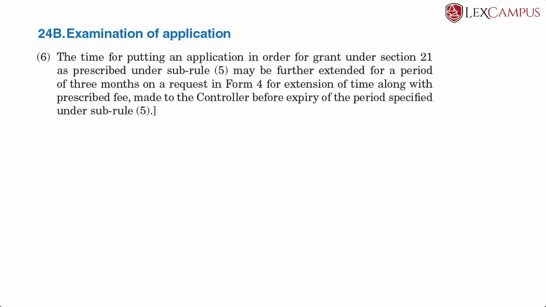And recently we had the Minister of Commerce make a statement that applications will be examined within a smaller time frame than before, and we should be able to have grants within 18 months of the start of the prosecution process.